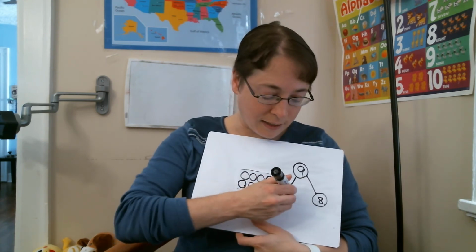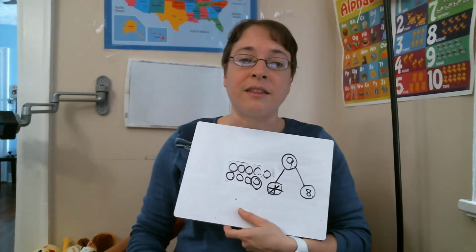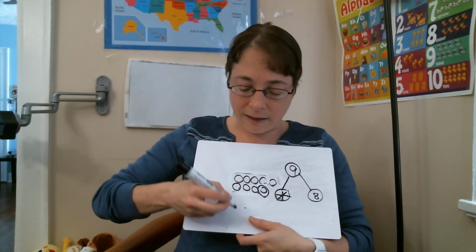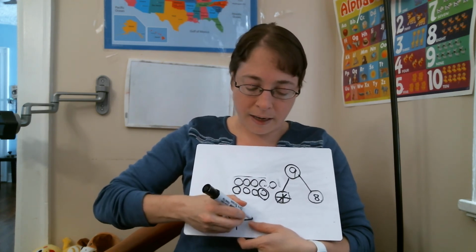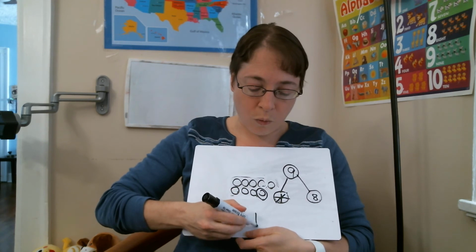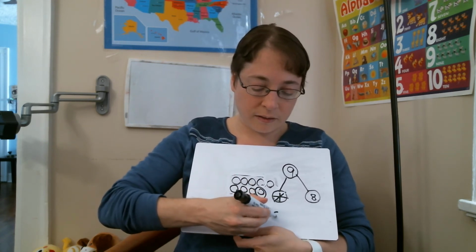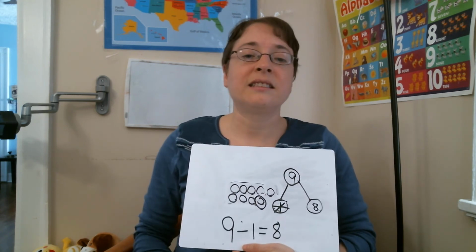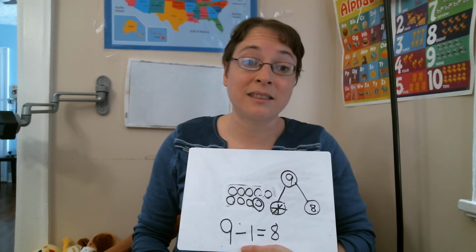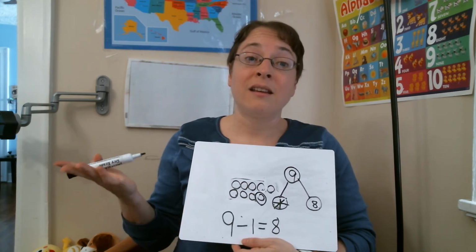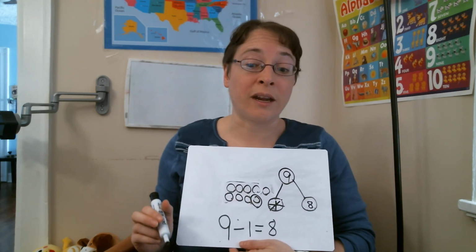So let's cross out the 1. So we see that there are 8. And let's make our number sentence. 9 minus 1 equals 8. And if you want, you can come up with some more ways of how many she has that are green and how many are not green.